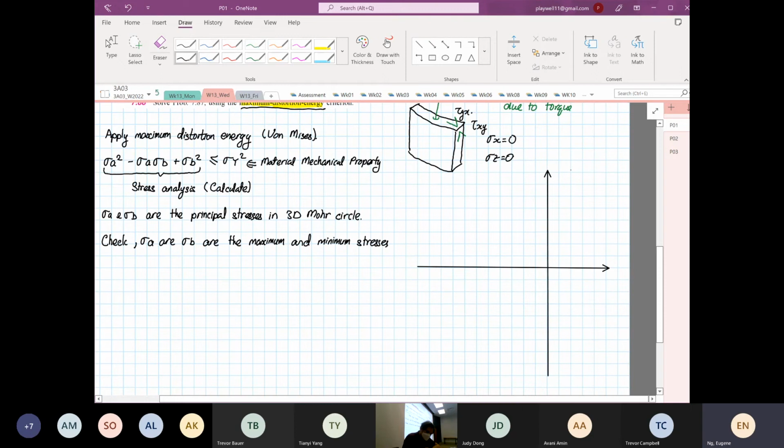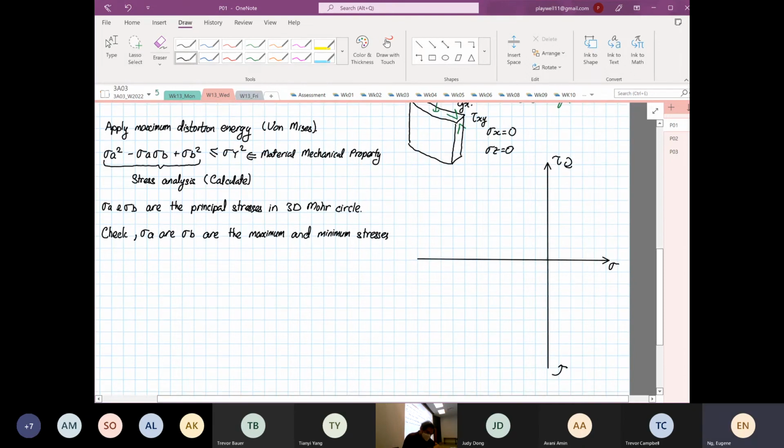So we have our normal. Now shearing, clockwise rotation, anti-clockwise rotation. And we know over here is our stress, over here is our stress Z. We know that. Okay. Stress X line is over here.